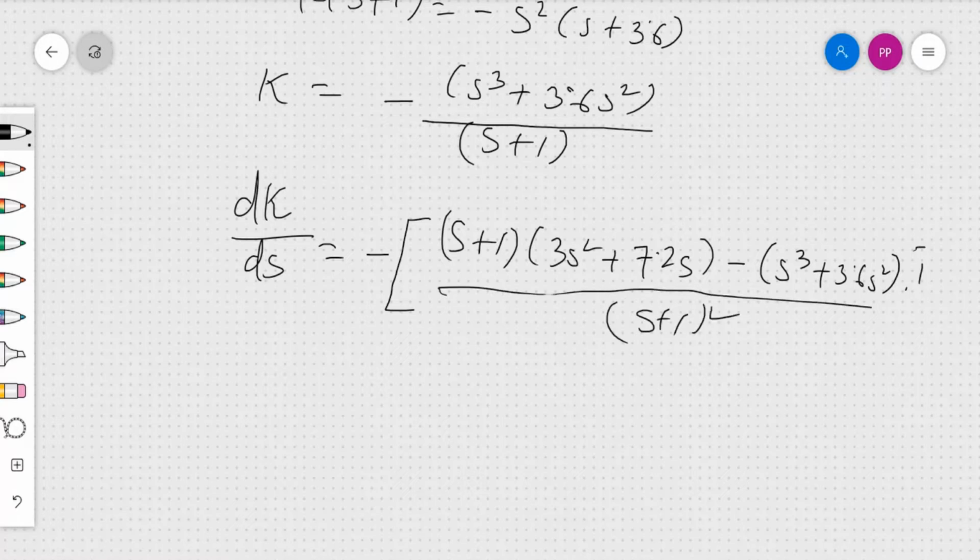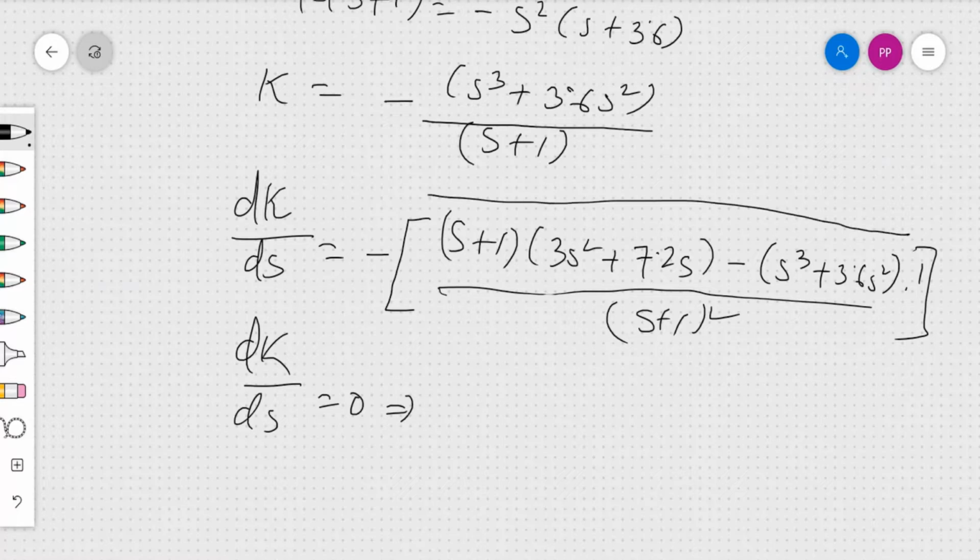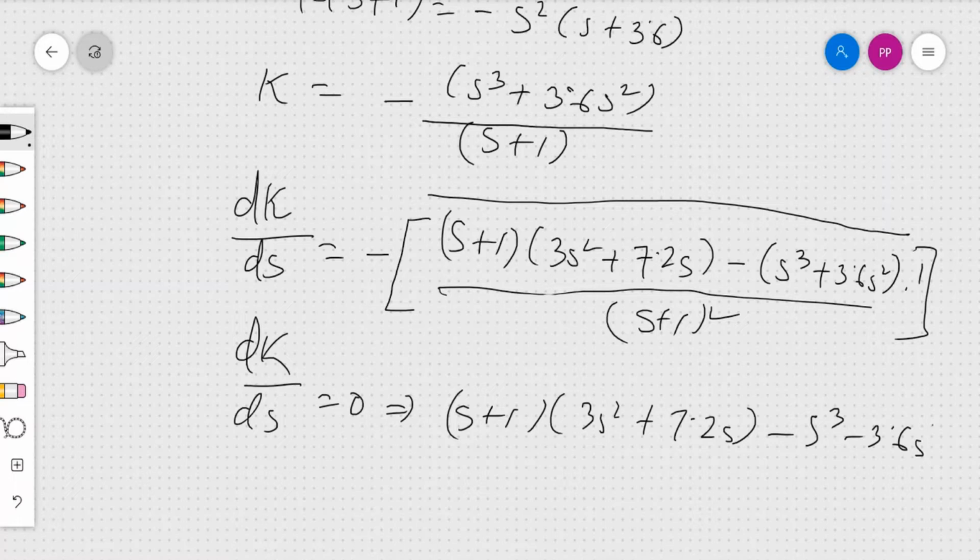So the denominator doesn't play any role here because I am going to make dK by ds equal to 0, which implies that you take the numerator inside the bracket equal to 0. So we have (s plus 1) into (3s square plus 7.2s) minus s cube minus 3.6 s square.